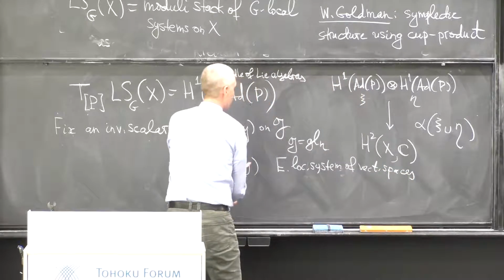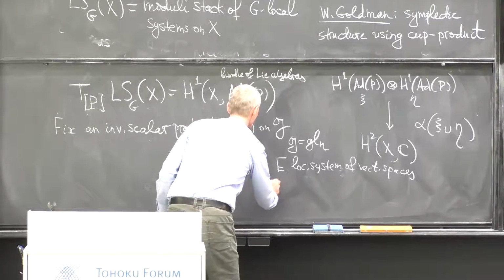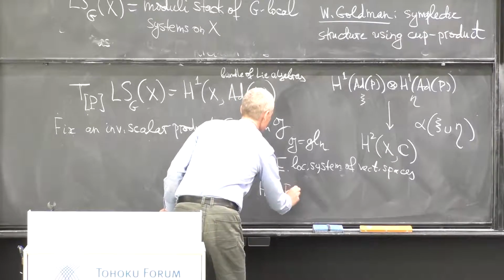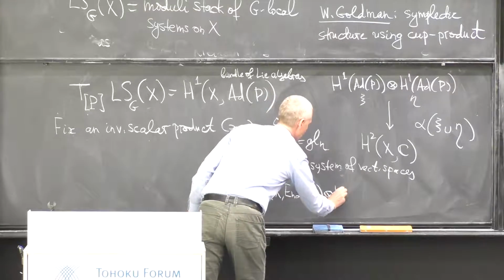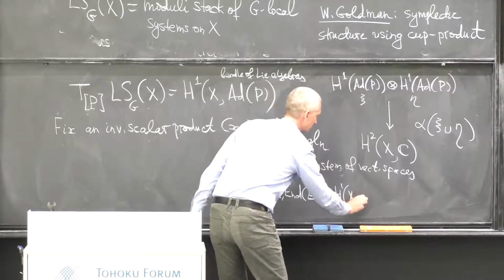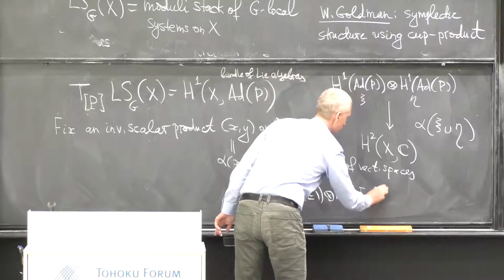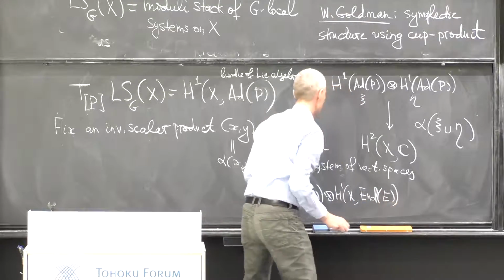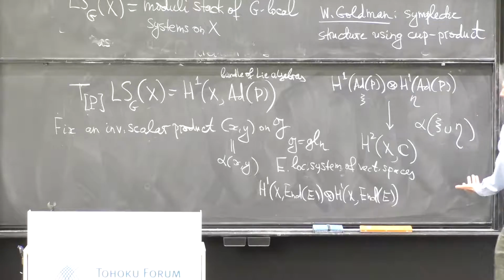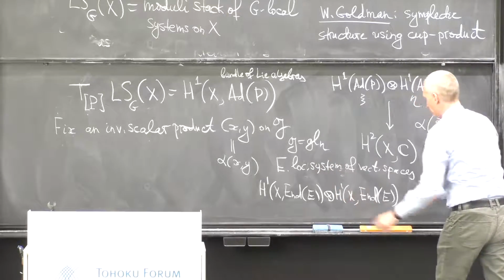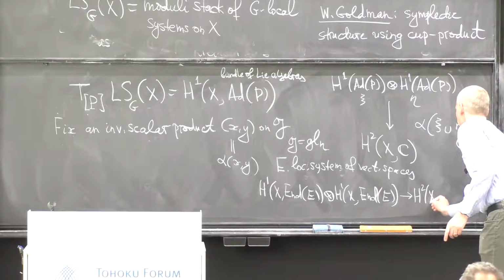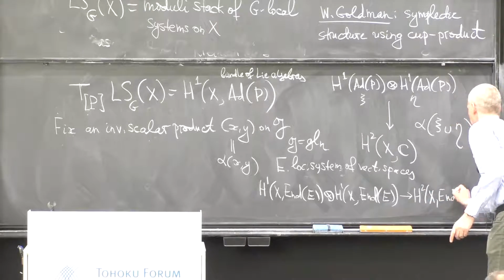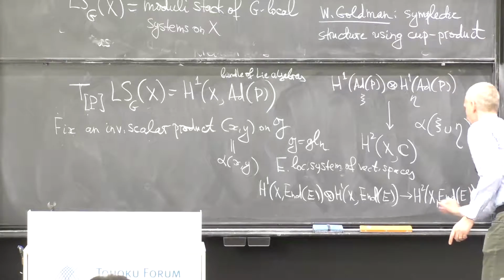So we have the pairing would go like this: H1 of X with endomorphisms of E, times H1 of X with endomorphisms of E. Here we can simply take the usual cup product with respect to associative multiplication. Here would be H2 of X with endomorphisms of E. The cup product.